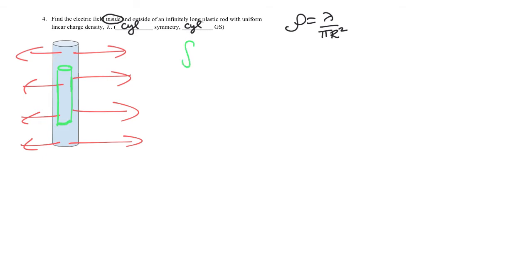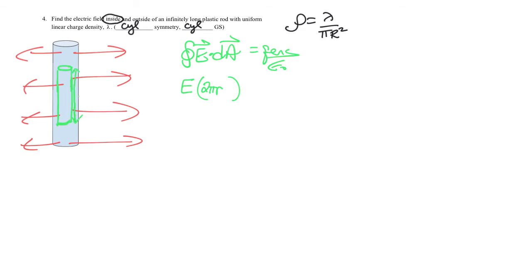So when we do the integral of E dot dA is Q enclosed over epsilon naught, the E comes out, and then the area of the cylindrical shell is 2 pi r. You know what?